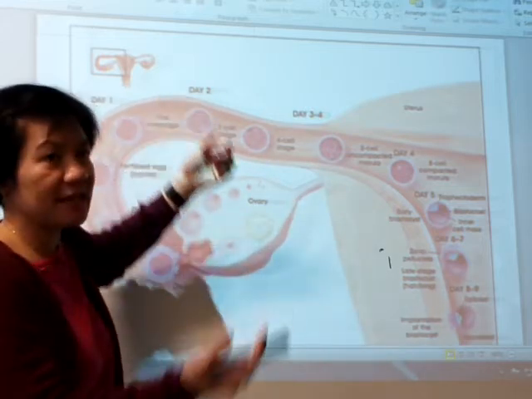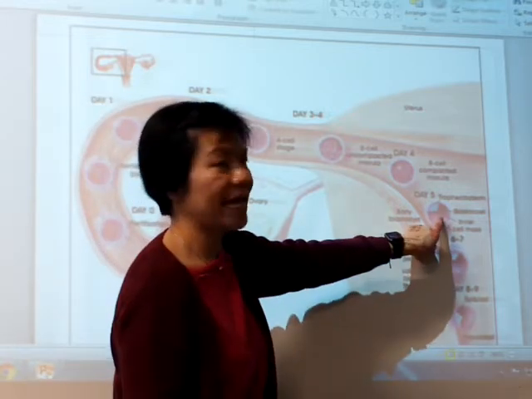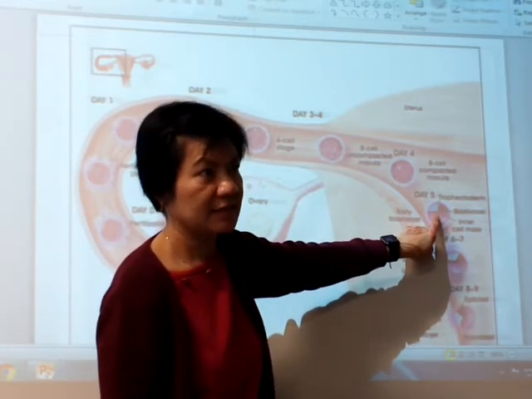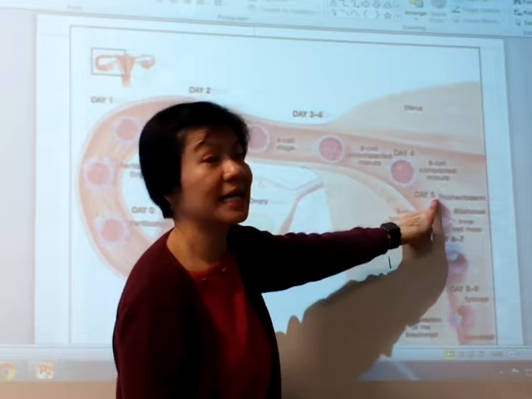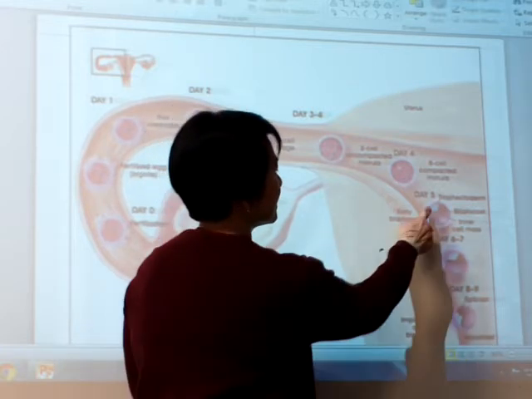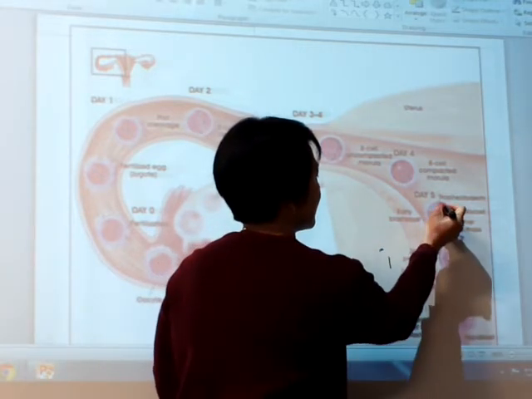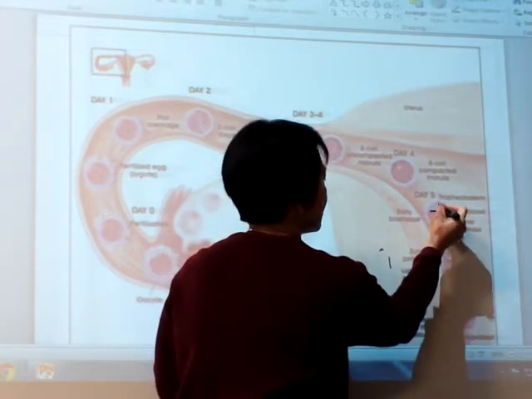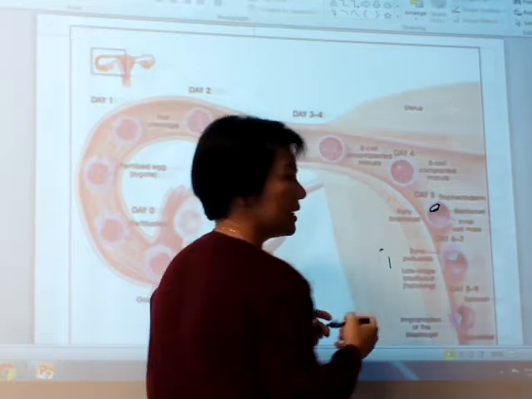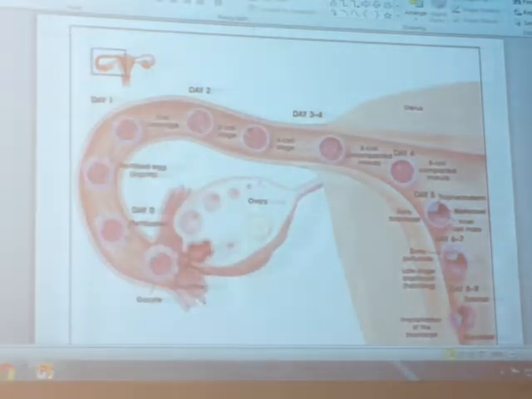And as they divide around a cavity, it looks like a cyst. Okay? So this is called the blastocyst. See, there's your future baby. That's the inner cell mass. See, it just keeps dividing. And I'm going to use a nicer picture over here.